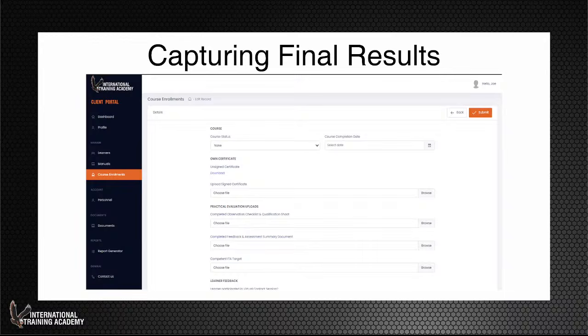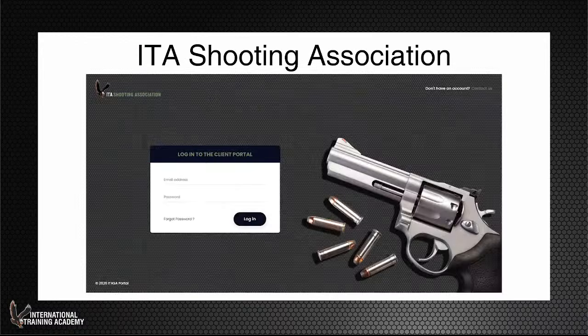What I would like to end the webinar with is that ITA also has the shooting association side. So if you've ever thought about starting your own club, ITA has a shooting association. This is a very nice extra income that you can get from using this system.